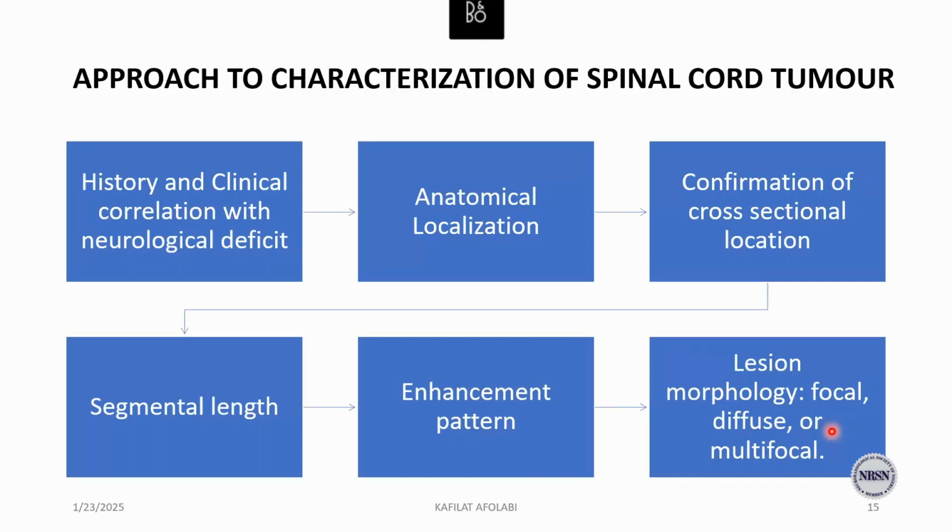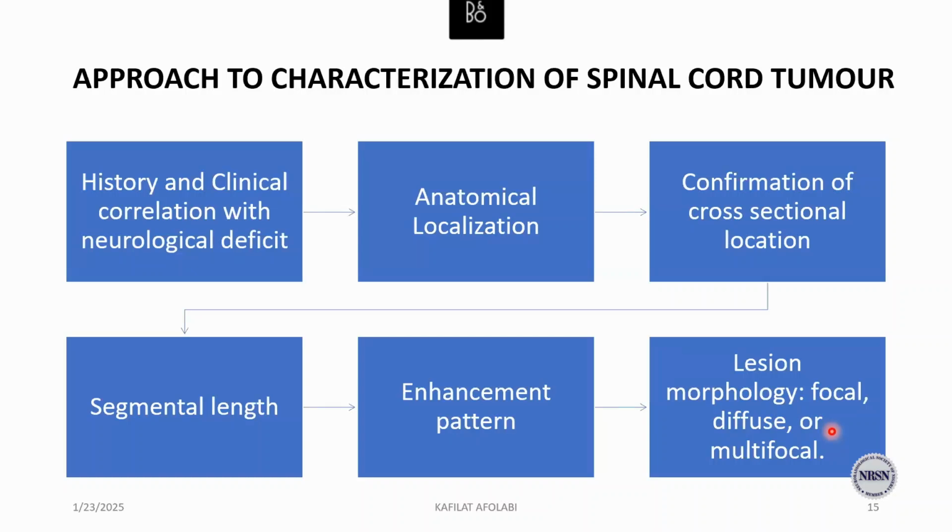Anatomical localization is very important, because the anatomical location of tumors could point to the exact diagnosis, be it if it's located in the anterior aspect of the cord, posterior, or lateral. There are lesions that correspond to various anatomical locations.